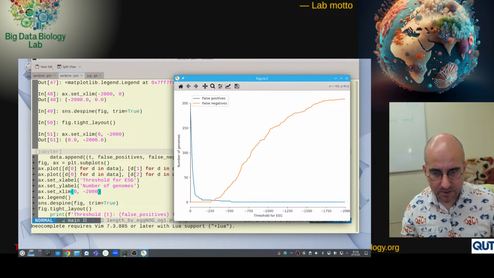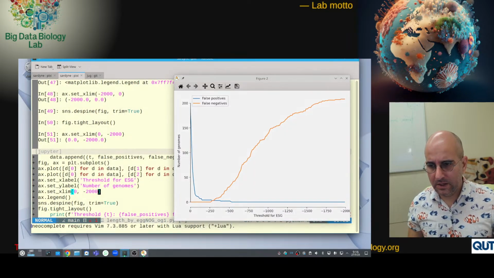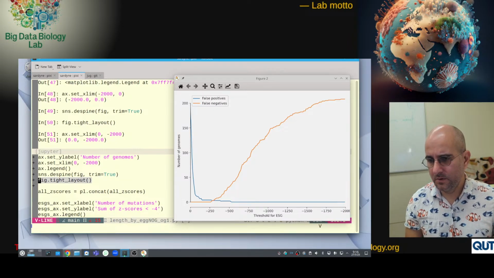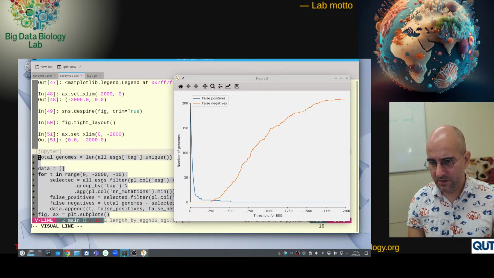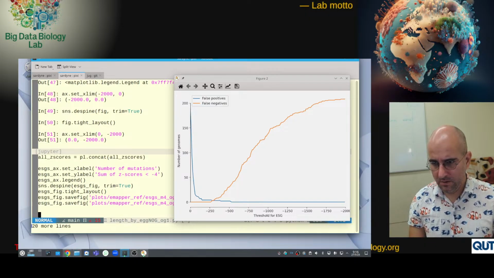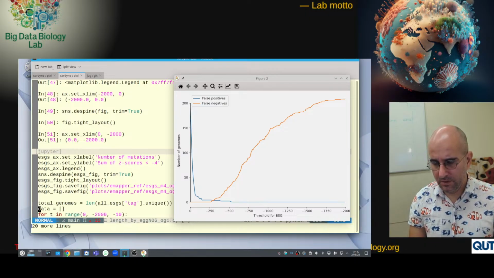It drops quite precipitously, very fast, and then eventually drops to 0, but then we are a bit too strict and we miss some things. First of all, I actually do like this visualization, so I am going to put it here.